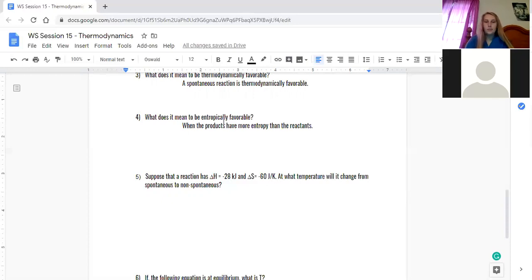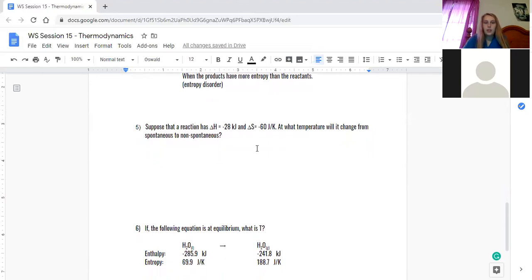Like we talked about before, entropy is disorder, and things tend to move toward disorder.